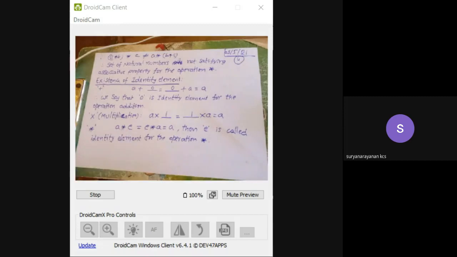They will ask you in the questions, find the identity element for the operation.